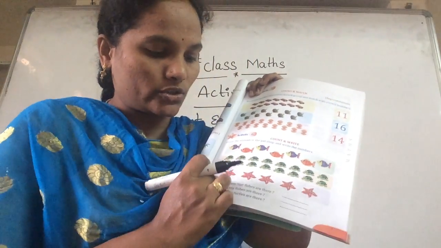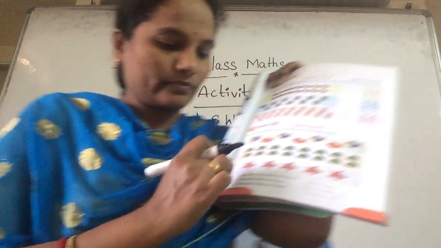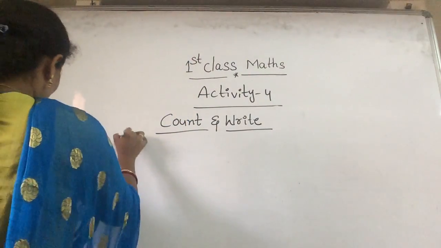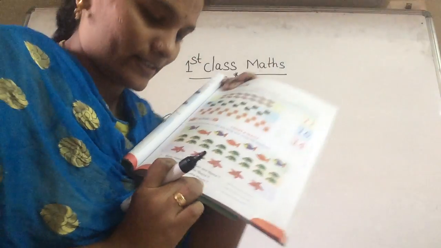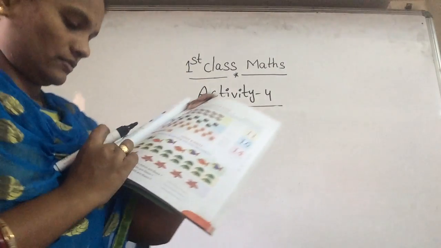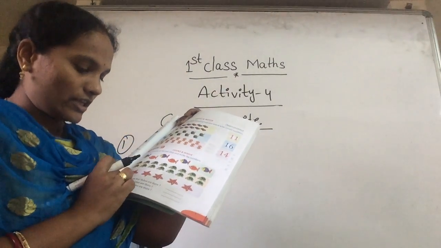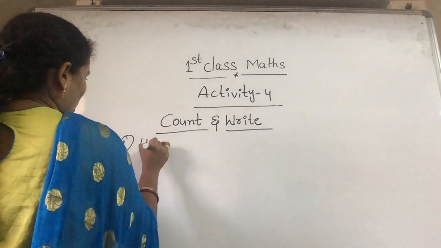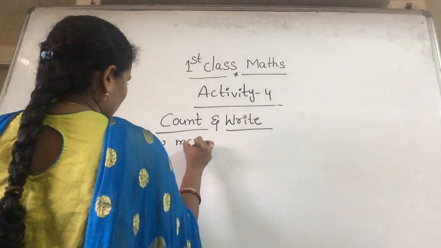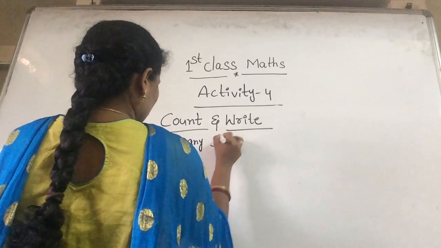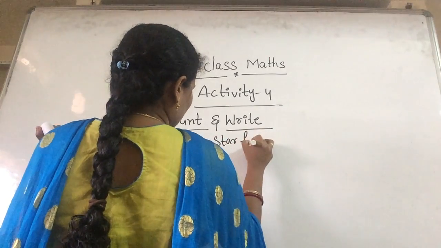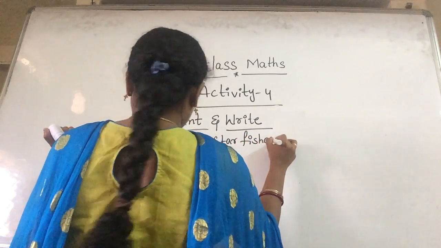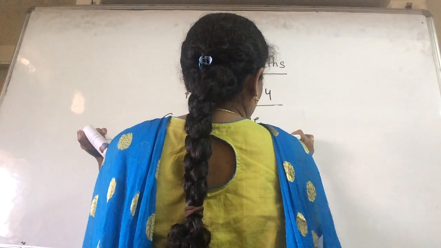You have been given some questions. You write. First question. Count and write these questions. What is our first question? How many starfishes are there?